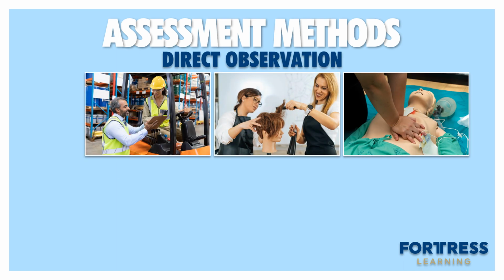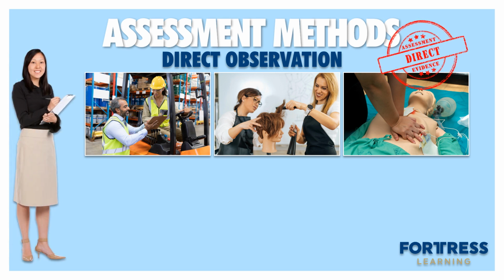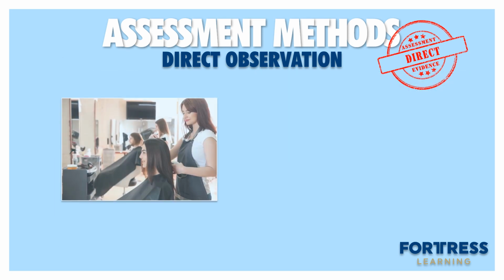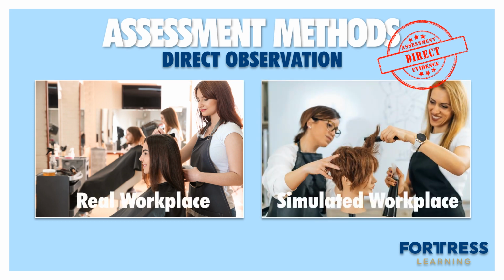This assessment method produces direct evidence, and it's a real-time assessment method that requires a candidate to perform skills-based tasks while being observed by an assessor. Now, depending on the specific assessment conditions of the unit of competency being assessed, the assessment activity could take place in a real workplace or in a simulated environment that reflects workplace conditions.